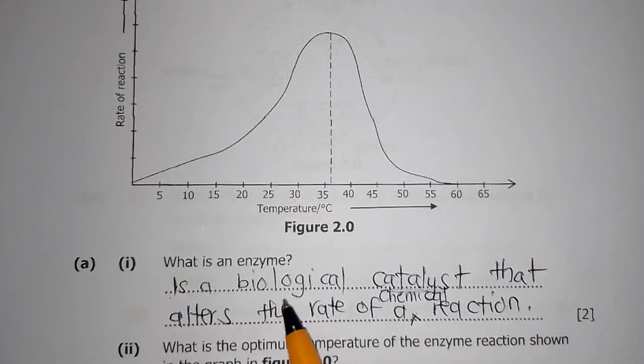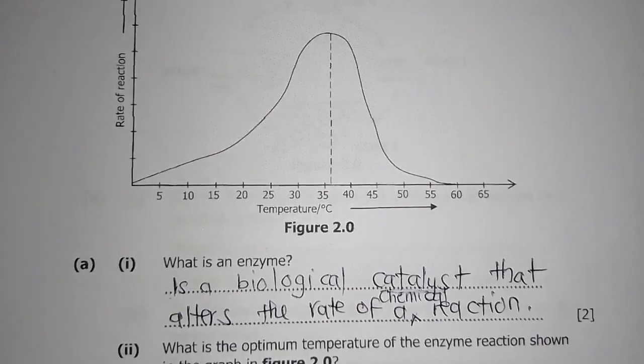So this is a biological catalyst that alters the rate of a chemical reaction. It is going to speed up a chemical reaction or slow down a chemical reaction. This is what you need to get and understand. Hope you are able to understand this. I'm not too fast, you are able to get the points that I'm saying.